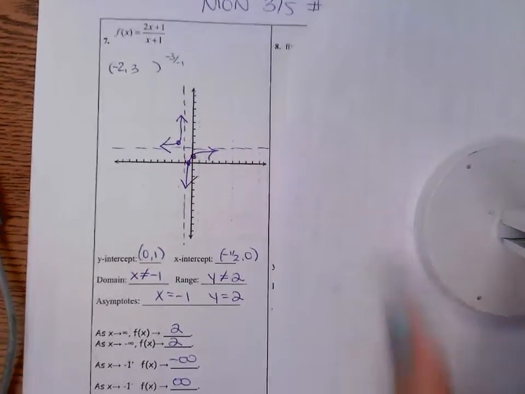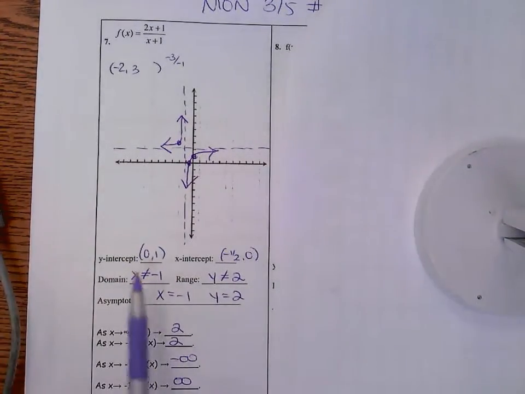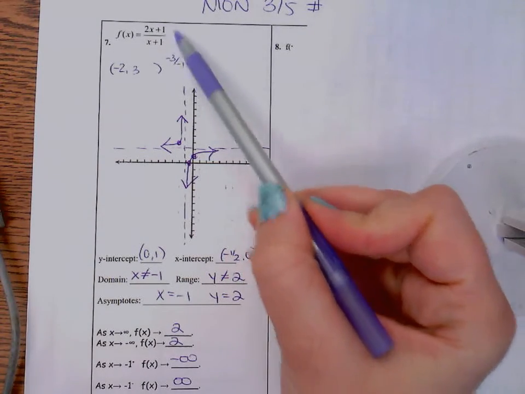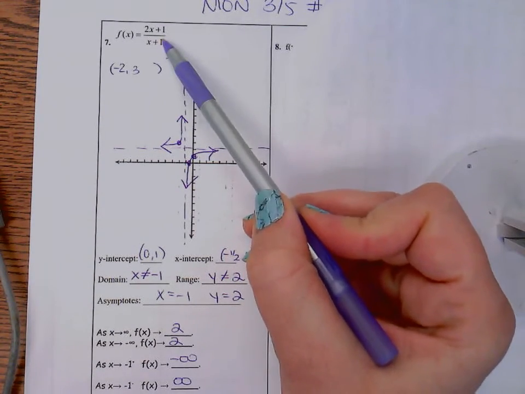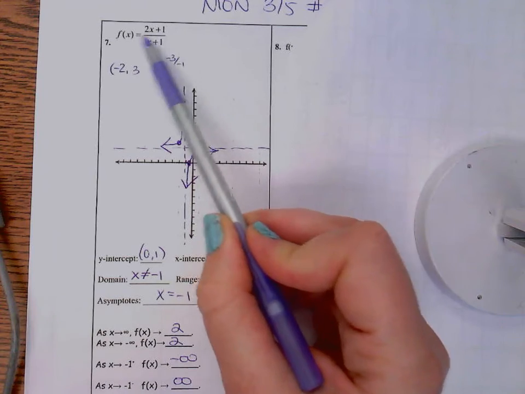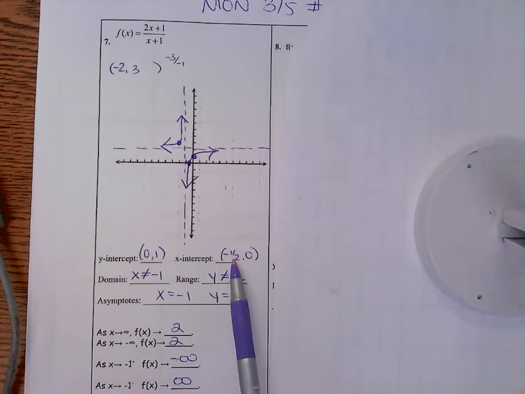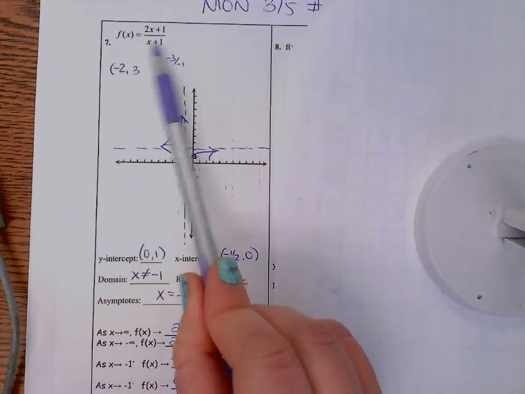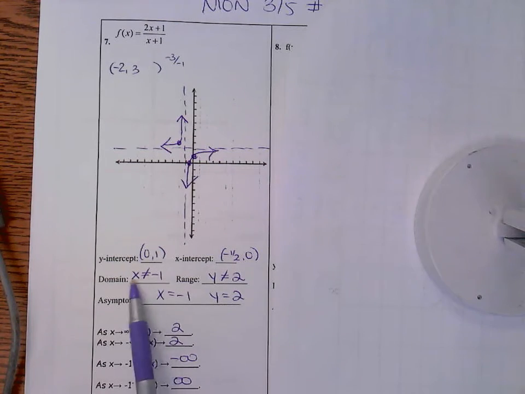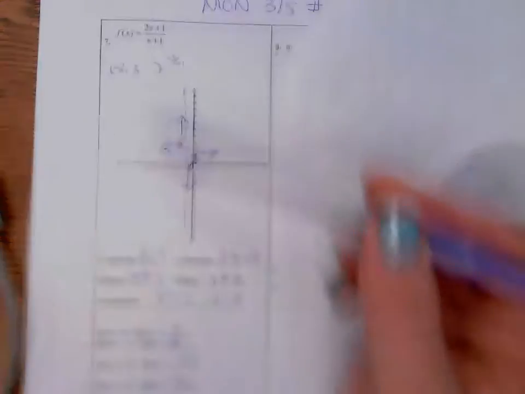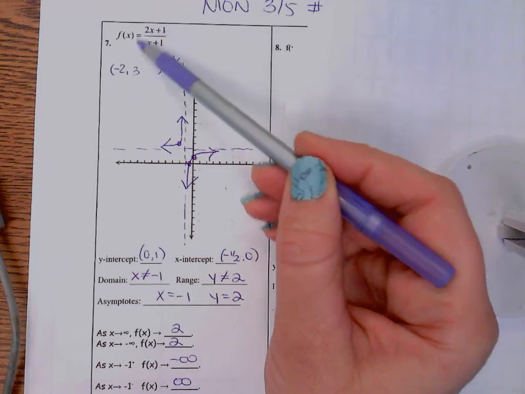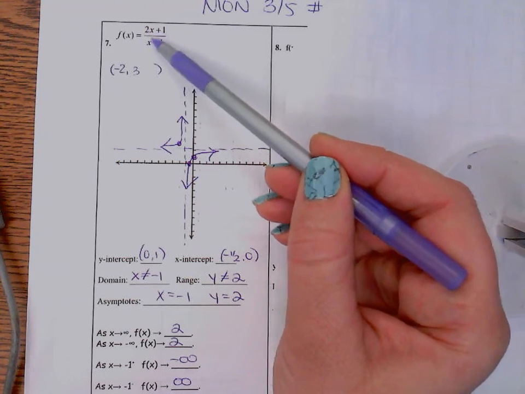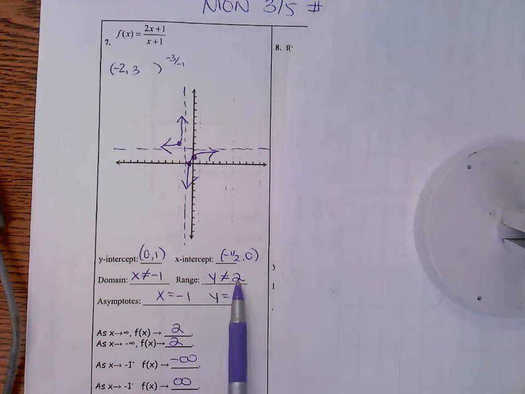So we had a y-intercept of just 1, because 1 divided by 1, and an x-intercept in the numerator of -1/2. Denominator was bad at -1, so I had vertical at -1. And then the powers were both linear, so I stripped the coefficients, 2x divided by 1x. So y approaches 2.